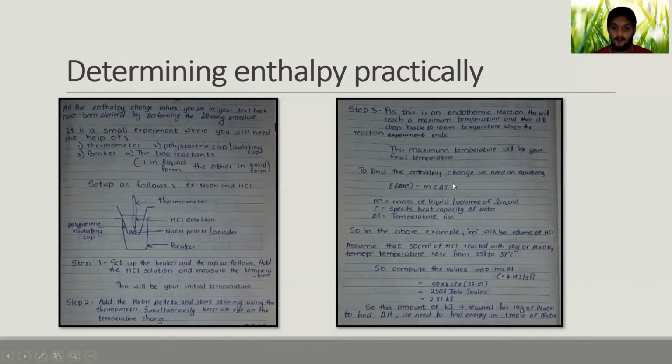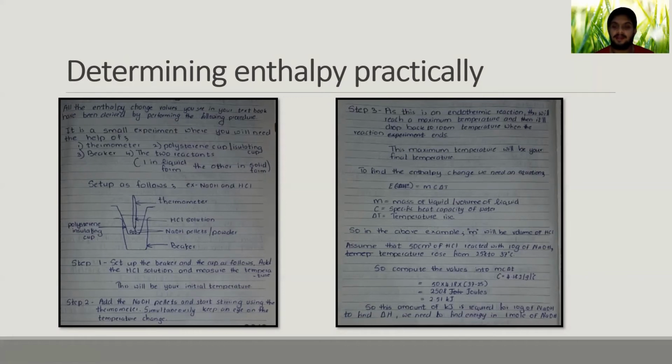Here E is the energy, m is the mass in grams, and c is the specific heat capacity of water. I think in physics you might have learned this; it's a very useful formula in physics.